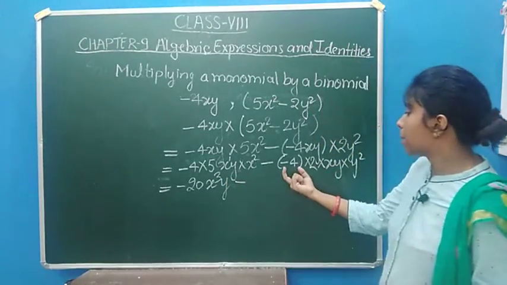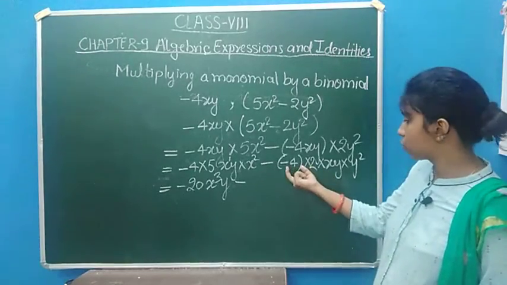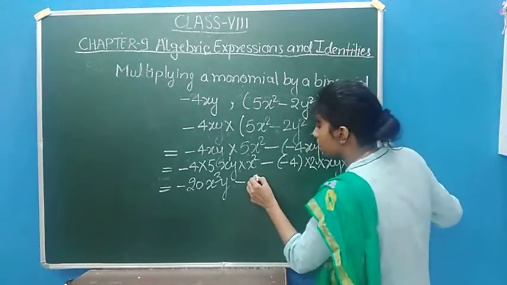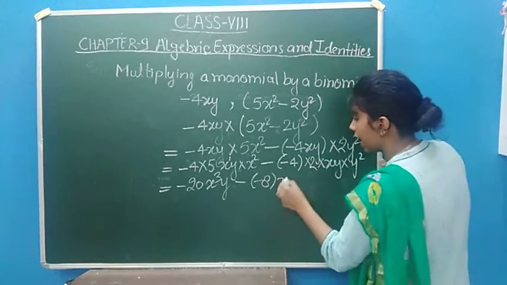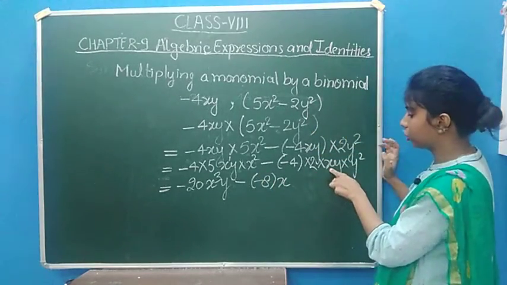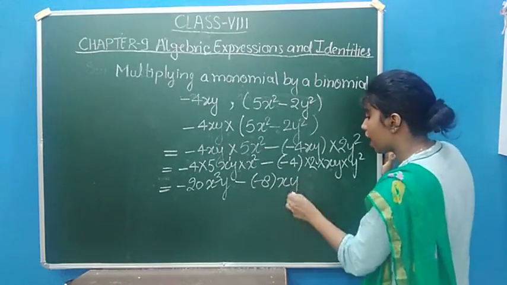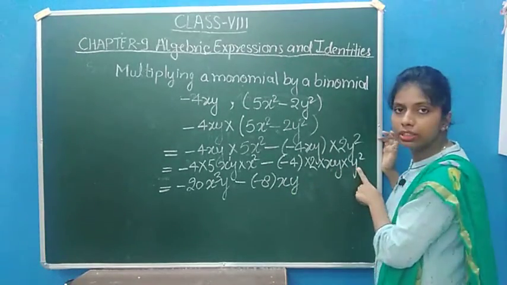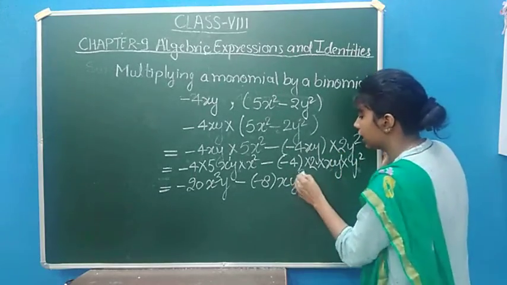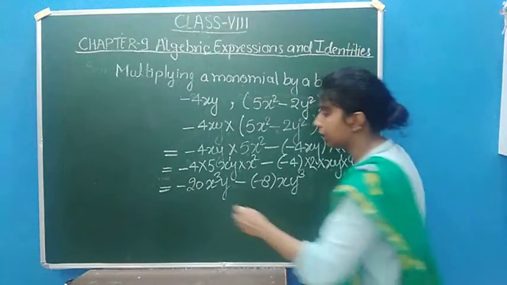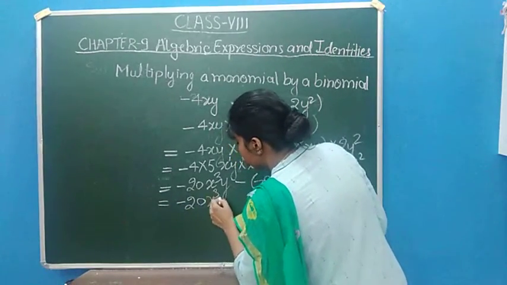Now minus 4 into 2 is minus 8. Then for the variables, x we have nothing to multiply with, so x is as it is. Then y is multiplied with y square, so the power of y is 1, and 1 plus 2 is 3. Let's simplify it. It's minus 20 x cube y.